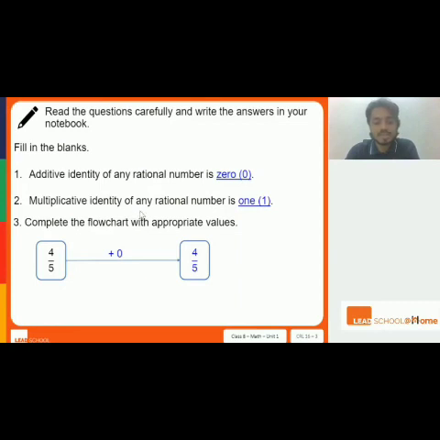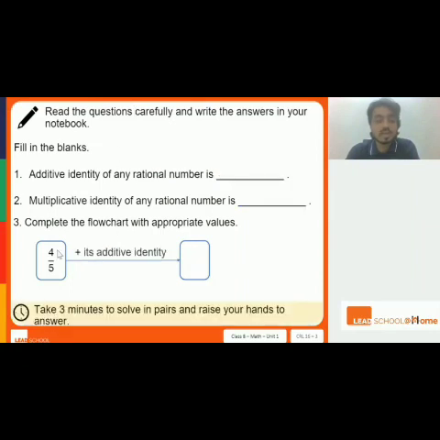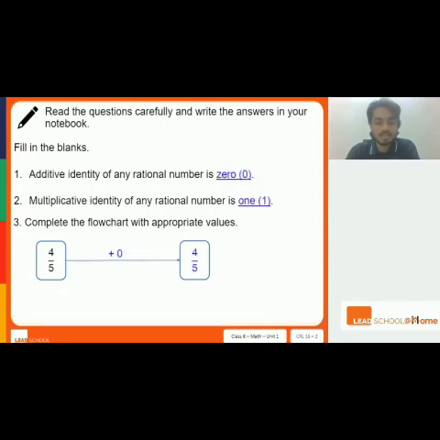Multiplicative identity of any rational number is 1. Multiplicative identity for all numbers is 1. Now you had to complete this flowchart with appropriate values. This was the question. 4 by 5 plus its additive identity, that is 0, is equal to 4 by 5. Okay, let's move ahead.